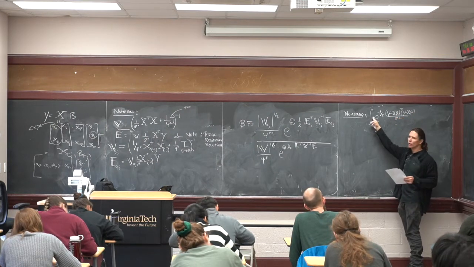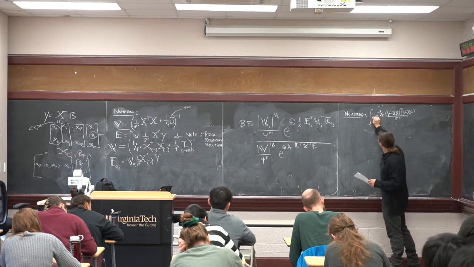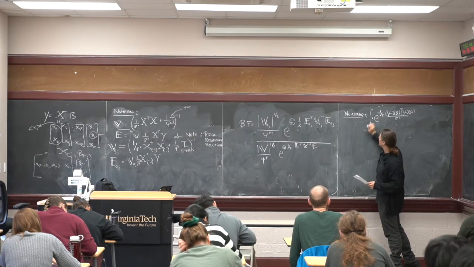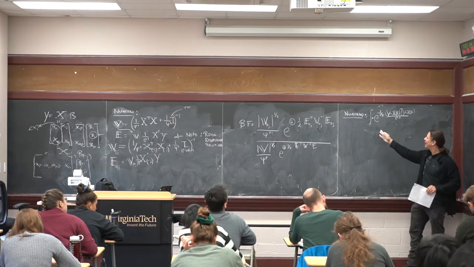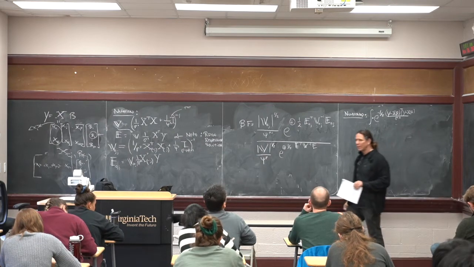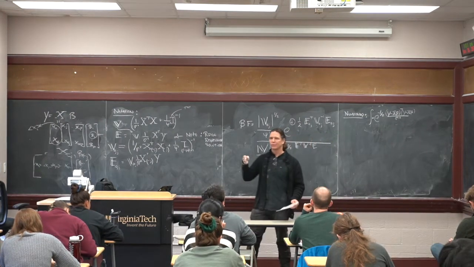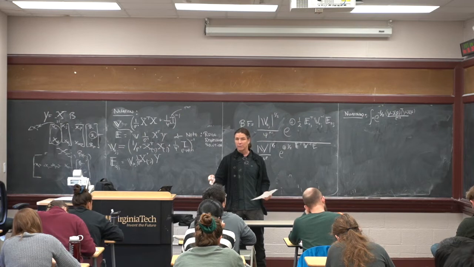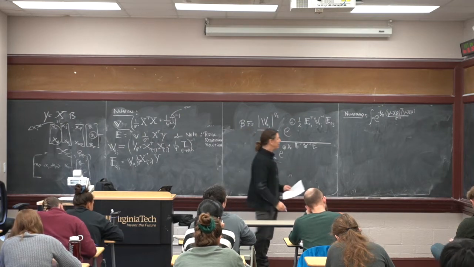I'm going to get rid of my normalizing constant right here. So this part, the 1 over square root 2 pi term, I'm just going to cancel it out because in my Bayes factor, it appears in both the numerator and the denominator. And they cancel each other out exactly the same.